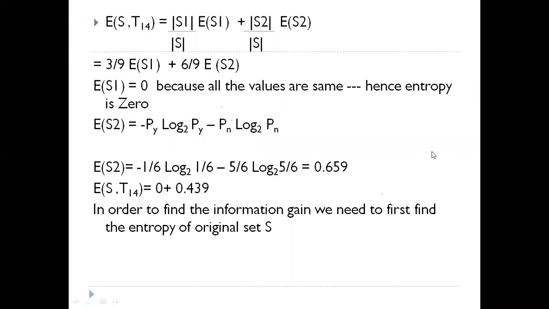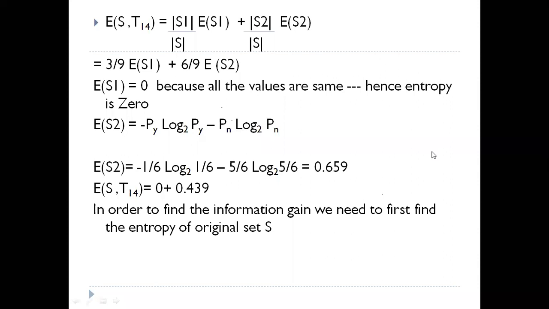So S1 is 0, and multiplying that with anything will be 0. Then 0.439 is the entropy of the set S where you made a split at point 14.